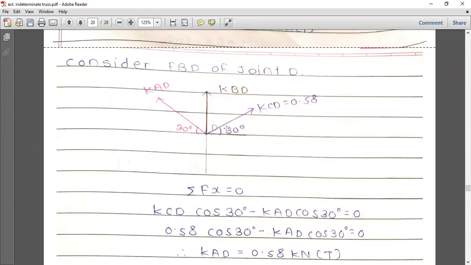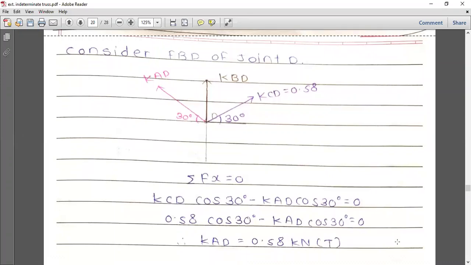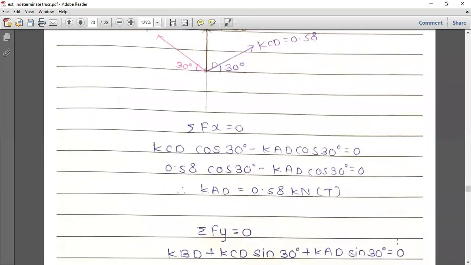So KCD cos 30 minus, just resolve this force. This is going towards the left side, that's why take it as negative, minus KAD cos 30. Likewise, you are getting the force in member AD. Again, apply summation Fy equal to 0 to this diagram.